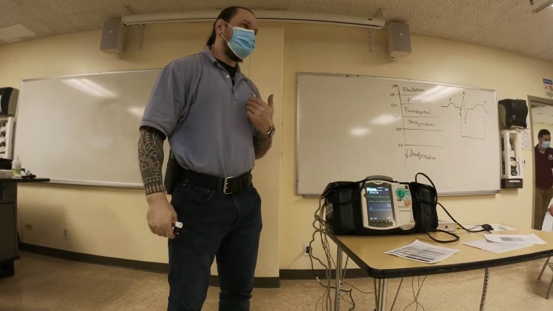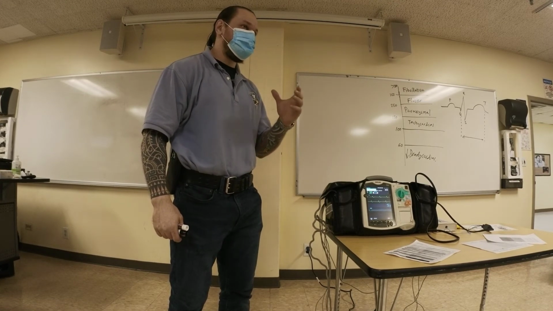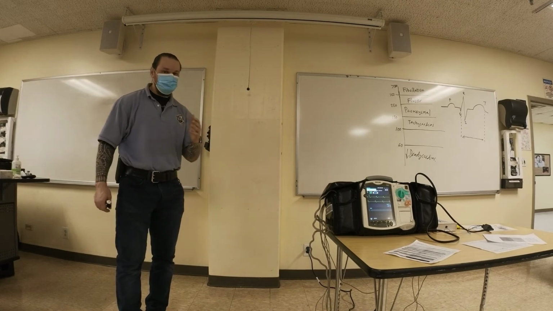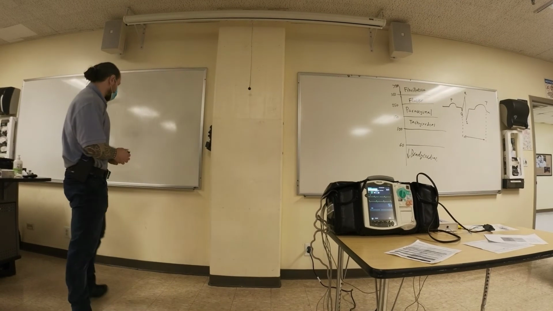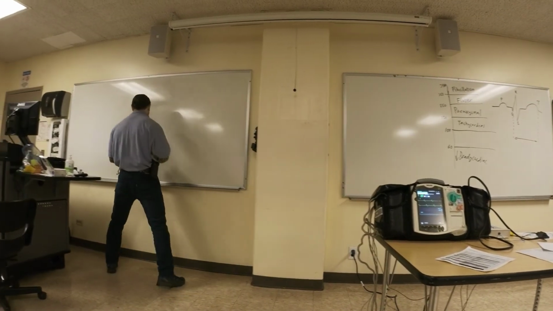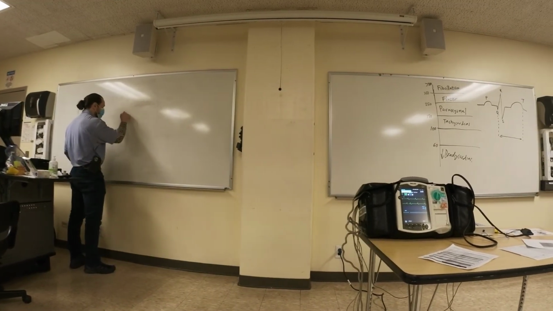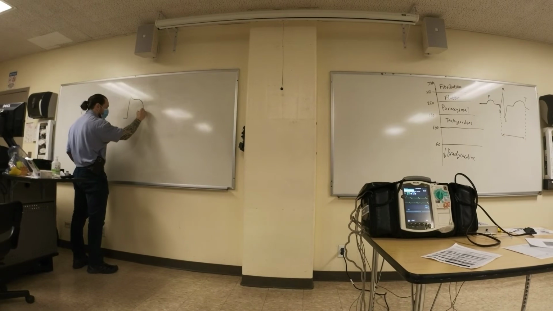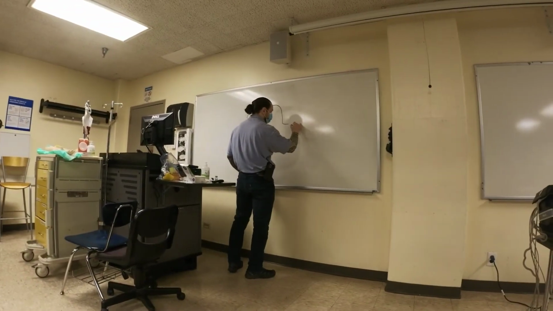With bundle branch block, there's another problem. The bundle branches in the heart supply, I would say, automaticity to the heart itself. There's a cutoff point. So that does not really have anything to do with the QTc interval per se. What the problem is in this setting, I'll show you. So let me put this up so you guys can see, and then if you're still not sure, you can ask a question. So first I'm going to draw the normal one, and I'm going to draw the prolonged phase.